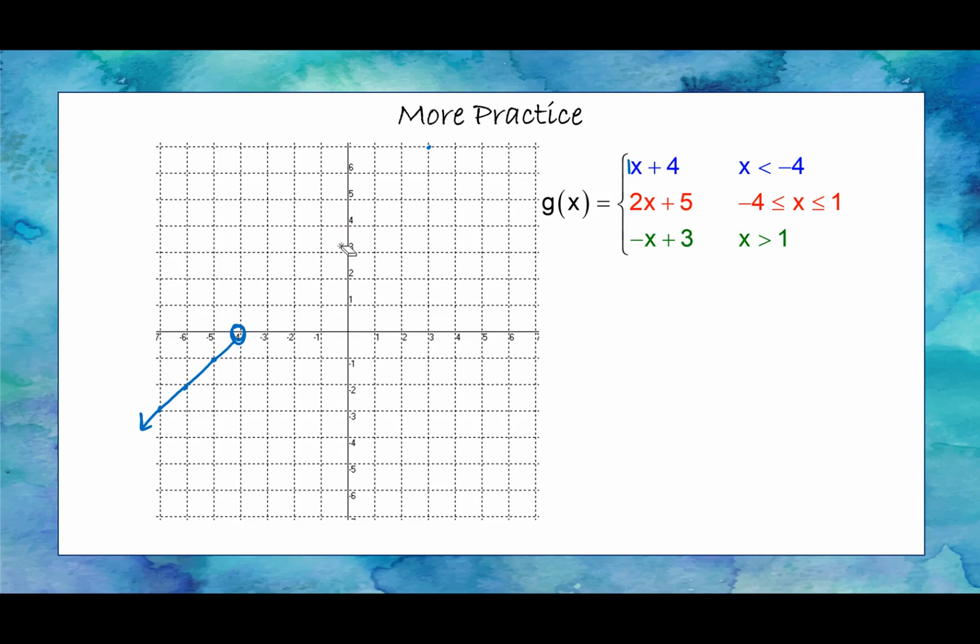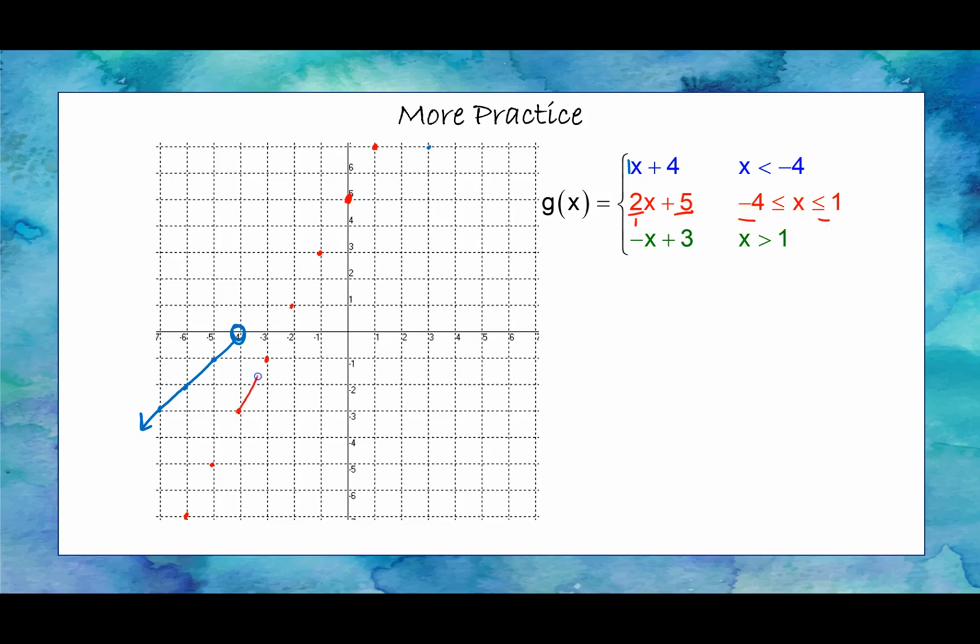All right, now my 2x plus 5, that's going to be my red. So I'm going to graph 2x plus 5. There's my plus 5. This is up 2 over 1, 2 over 1. There we go, right there. And I have to remind myself that I want between -4 and 1.